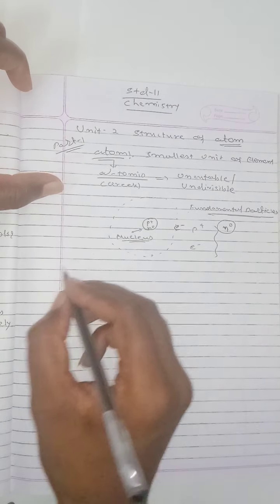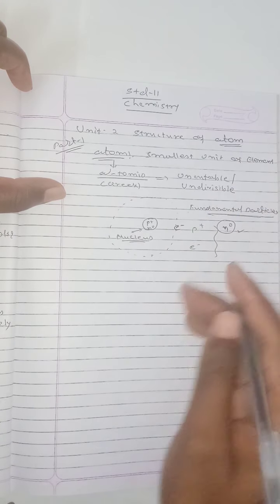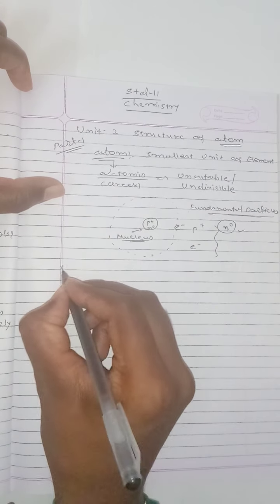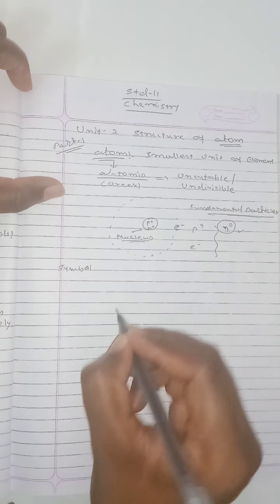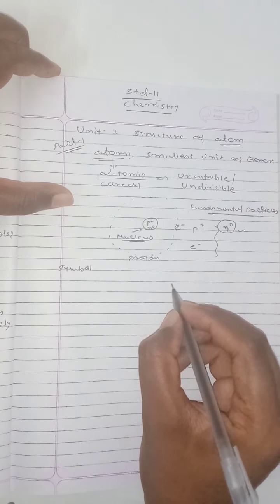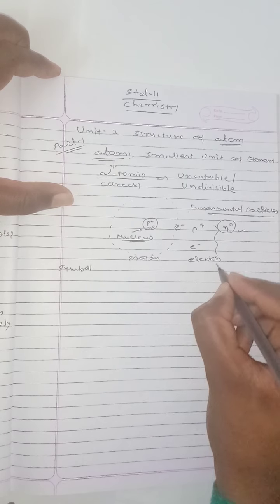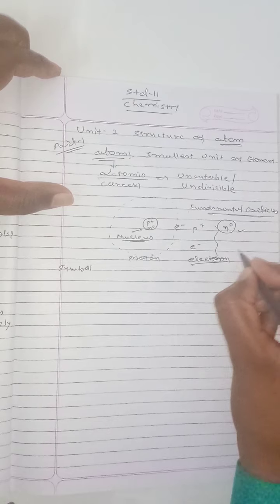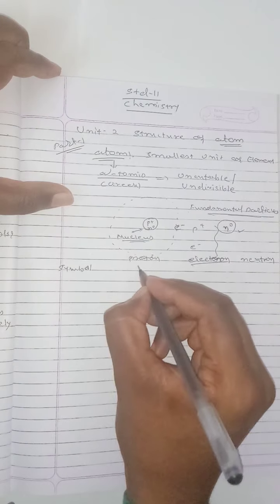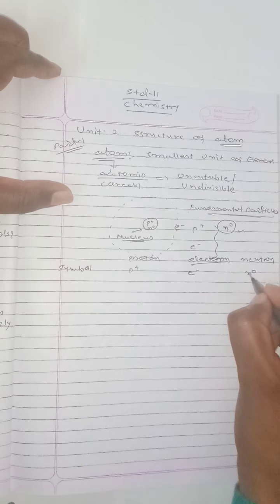Now let's see the basic information about proton, neutron, and electron. Here are the symbols: for proton P plus, for electron e negative, and for neutron n, having no charge.